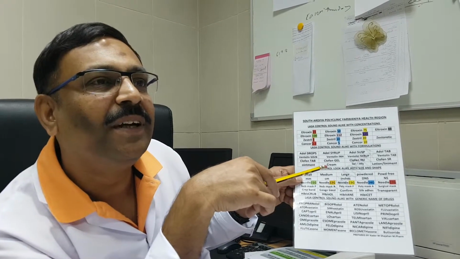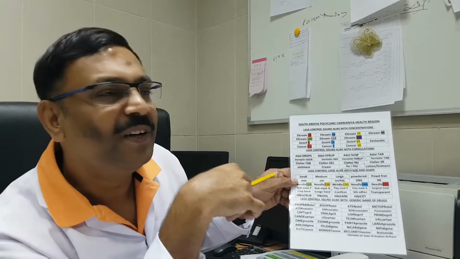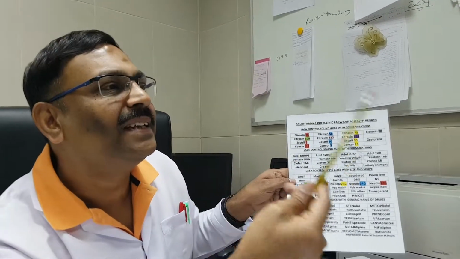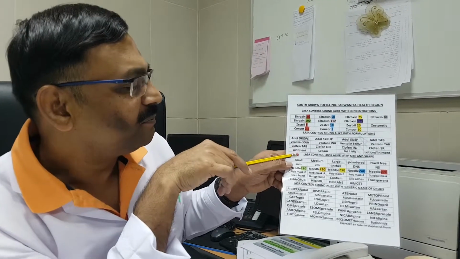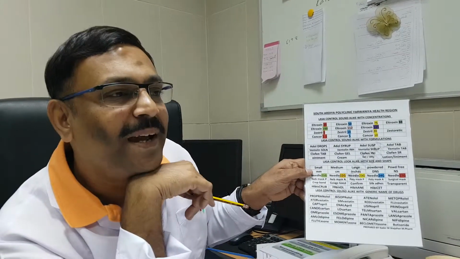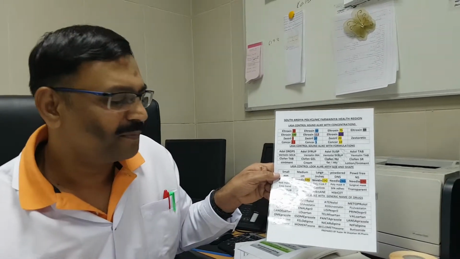Ventolin solution, Ventolin syrup, Ventolin tablet, Ventolin inhaler, different formulations. So we must take care because there is a sound alike problem. LASA control with needles, with the bandage: grub bandage, gauze bandage, open wound bandage, confirm bandage. So you should differentiate or keep them in different places.